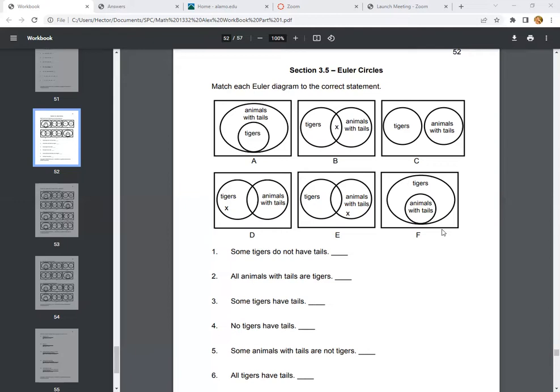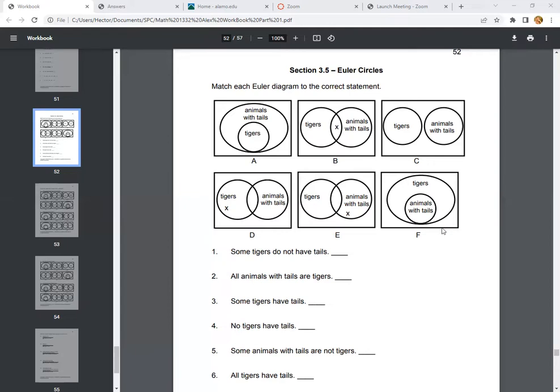If at any point something disproves the conclusion, if the conclusion doesn't hold in every single case, then we are going to determine that the conclusion is false. So we will go through these examples and you will build your understanding of how to work with these Euler circles as we go through the examples.